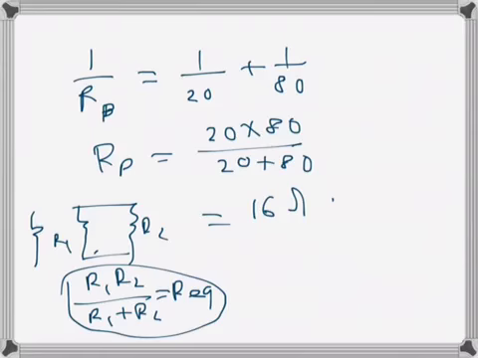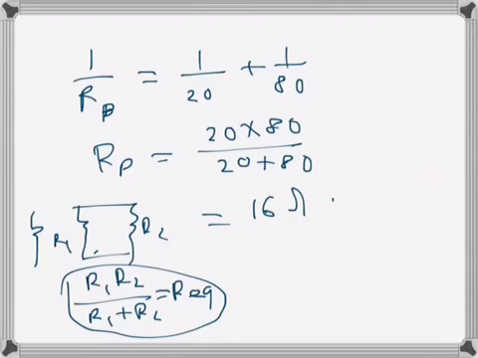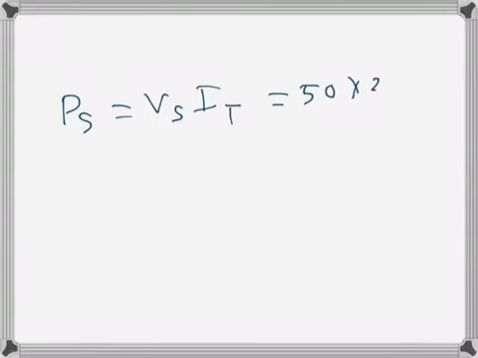Now if we needed to find the power supplied and power dissipated by each of the elements, let's find that. So power supplied will be Vs times IT, which is 50 times 2.5, which is 125 watt. Now let's say what is power dissipated by the 4 ohms resistance.